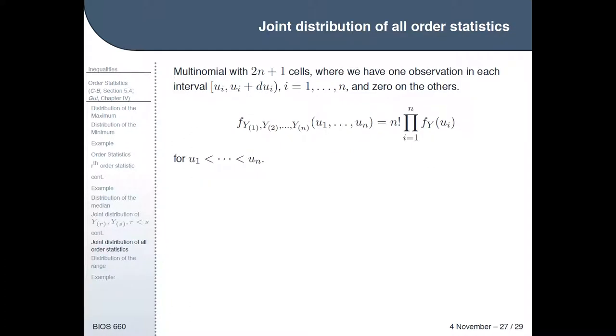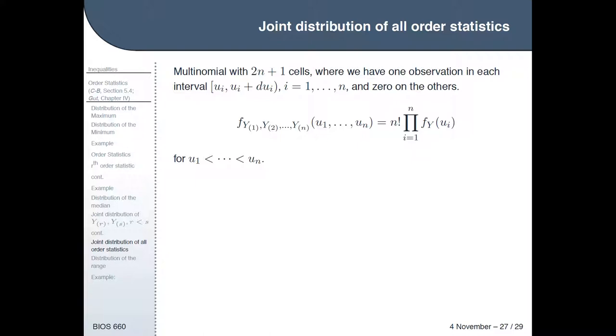So now let's say we want to find the joint distribution of all order statistics together. That's actually not too bad, but say you have a multinomial with 2n plus 1 cells, where we have 1 observation in each of those intervals, and 0 in any of the others. It corresponds to a multinomial where there's 1 and exactly 1 event in each of the possible classes.